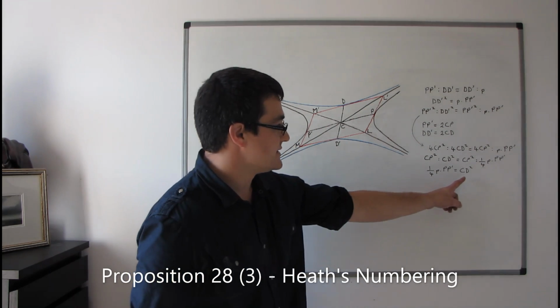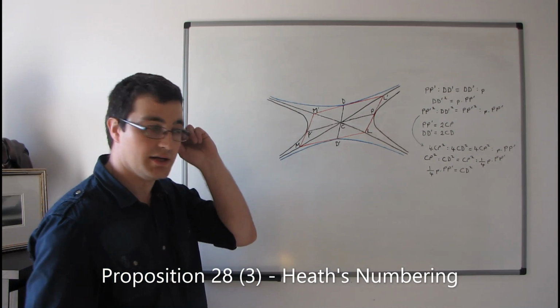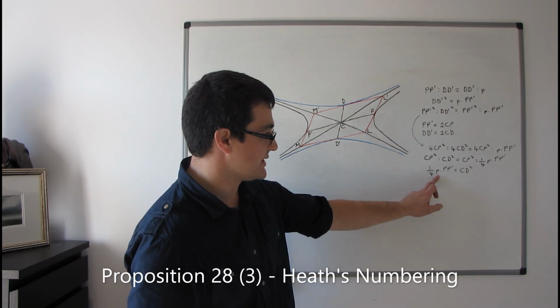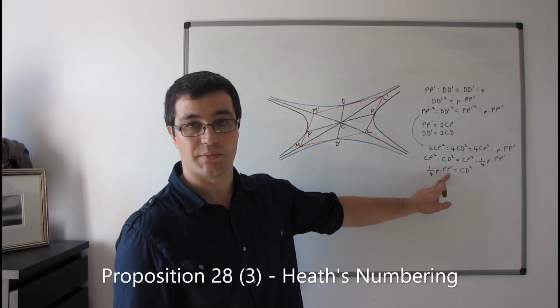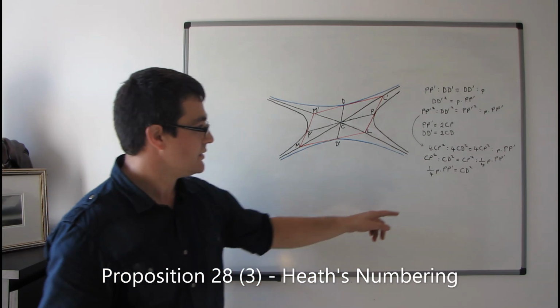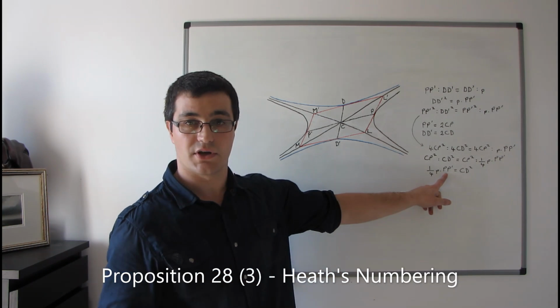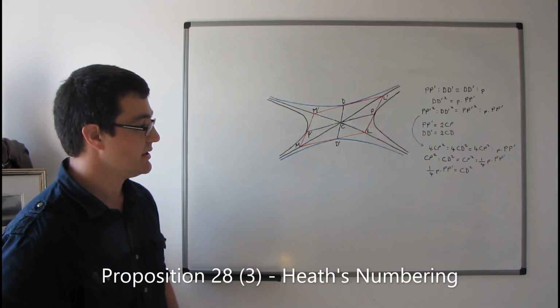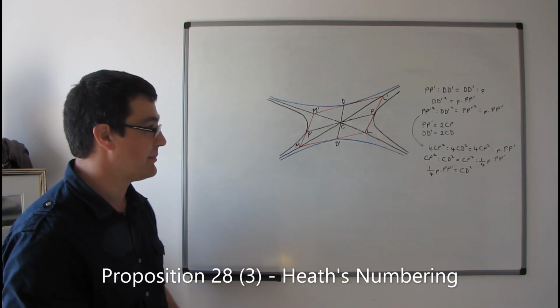So CD is half the length of the secondary diameter, and this is, as I've said, p times pp primed. That's the figure. It's called the figure of the conic, using this transverse diameter and its parameter.